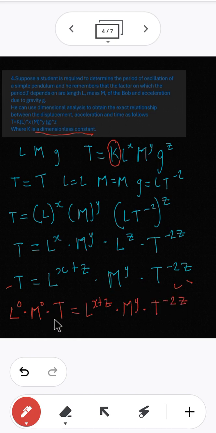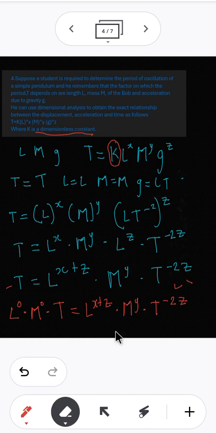I don't know if you are still following. Because when you do this, L raised to power 0 gives 1, M raised to power 0 gives 1, 1 times 1 times T gives you back T. So the only thing we just did is try to make both the left hand side and the right hand side have L, M, and T. You understand? There's no big deal here.